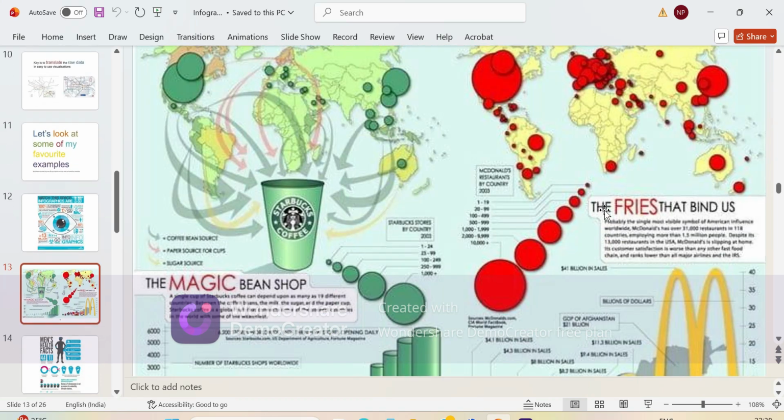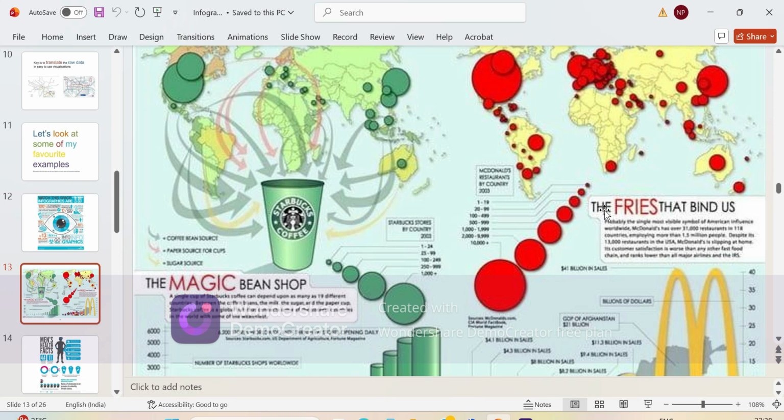So this slide shows the example of the McDonald's company, which is used for branding its fries as well as its colas, to represent in which regions they are being highly promoted to have good sales.